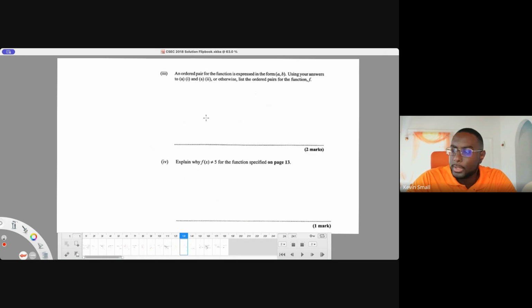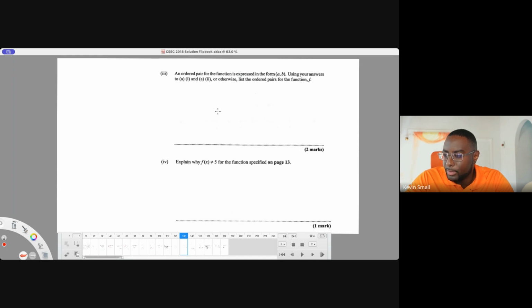Look at this question here. It says an ordered pair for the function is expressed in the form (a, b). Using your answers for part A 1 and A 2, list the ordered pairs for the function. Remember, ordered pairs are essentially the coordinates for a function. So let's see what answers you all have for this.